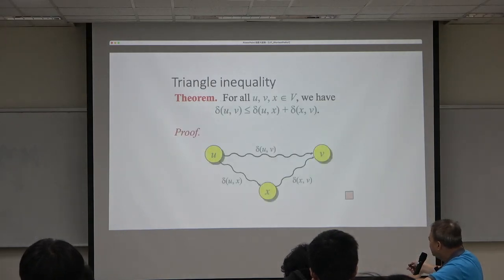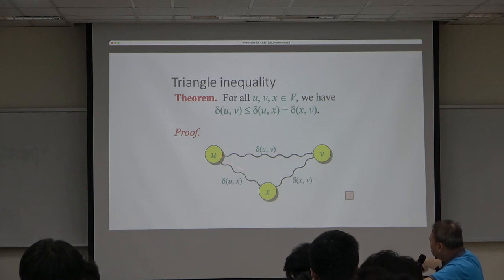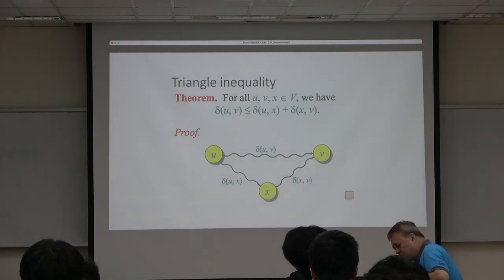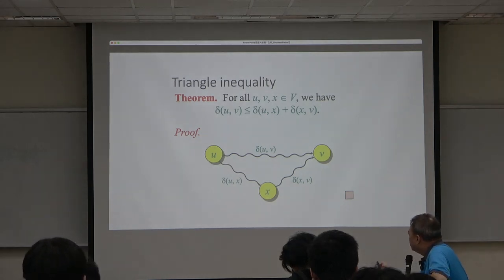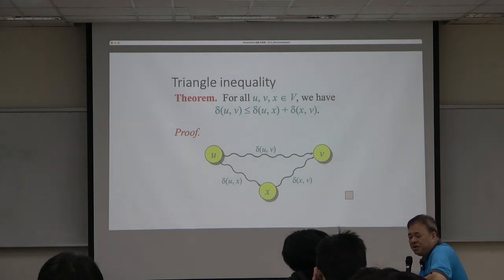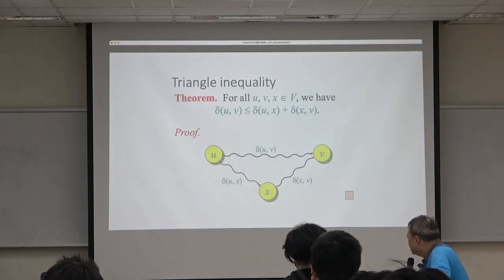If it is not, then the sum of these two weights would be greater than this one. Why? We can prove by contradiction. If it is lower, then this one would be the shortest path instead of this one. So the proof is done. This triangle inequality comes in very handy in our later discussion.